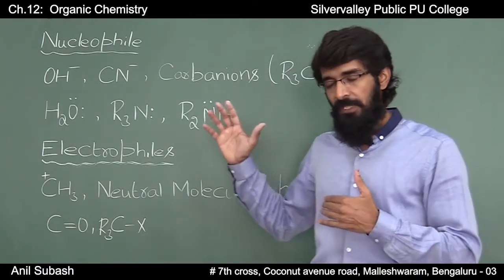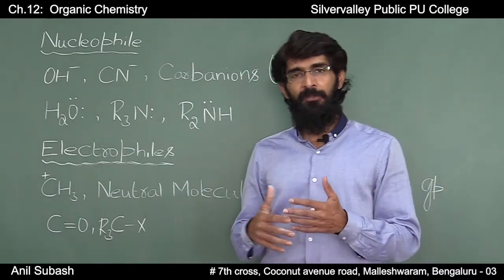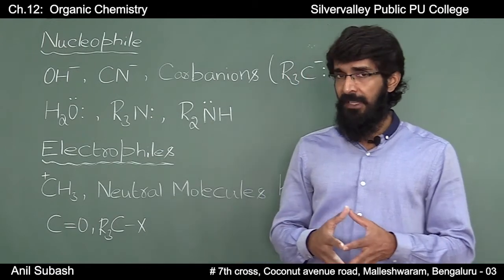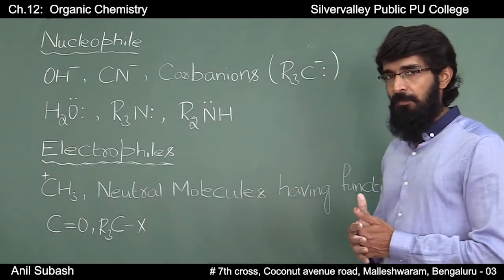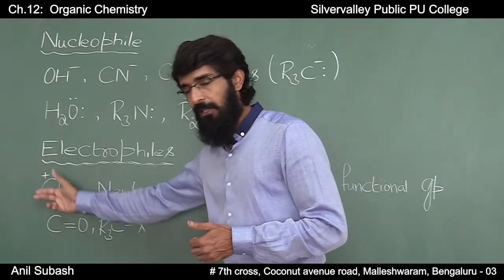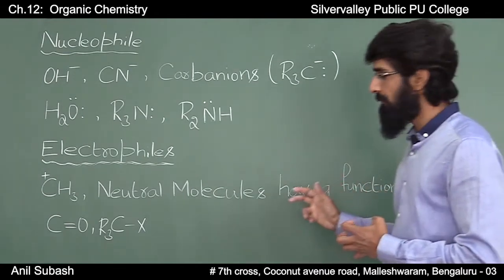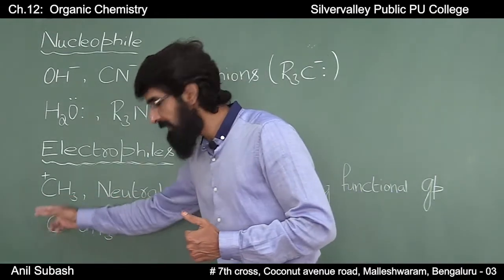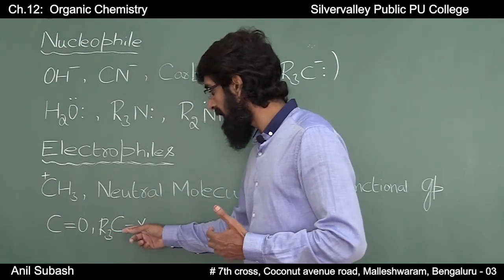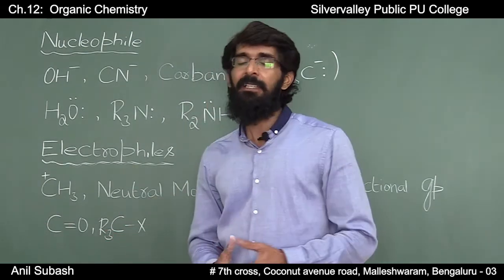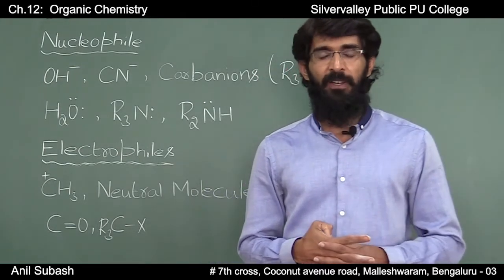And the reactions which take place through electrophiles are known as electrophilic reactions. Some of the examples of electrophiles are positively charged species like carbocations, neutral molecules having functional groups like the carbonyl group, and R3CX, that is alkyl halides.